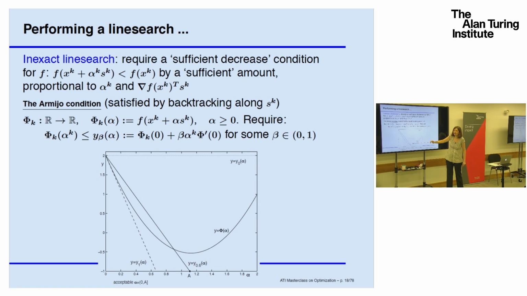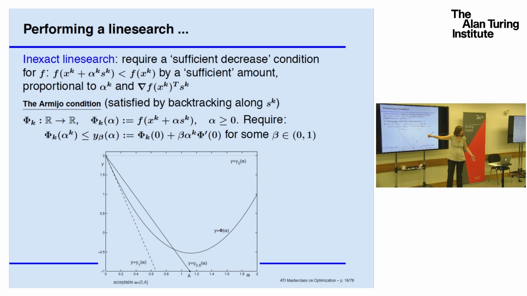So essentially, I look at the graph of my function phi, so f along sk, and then I look at the tangent. Then I shift my tangent at an angle with beta. I move it with beta. Okay? And then I say, I want to choose a step size that allows my phi to be below this.